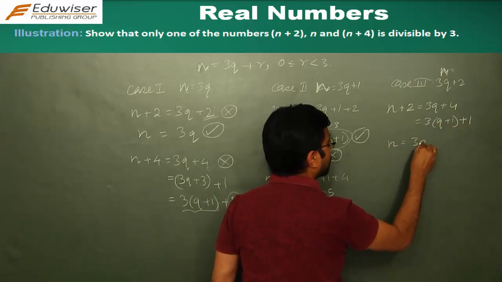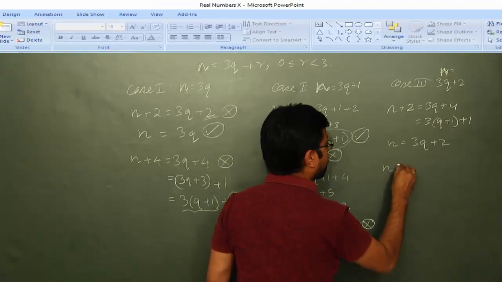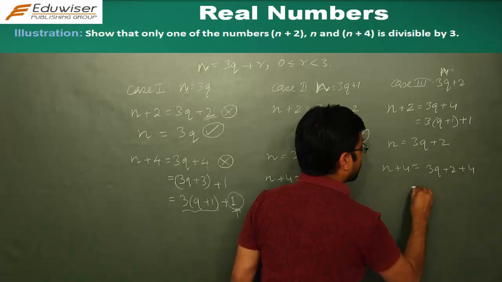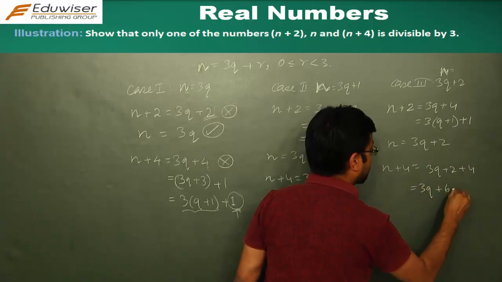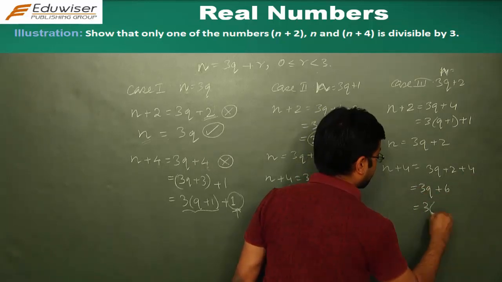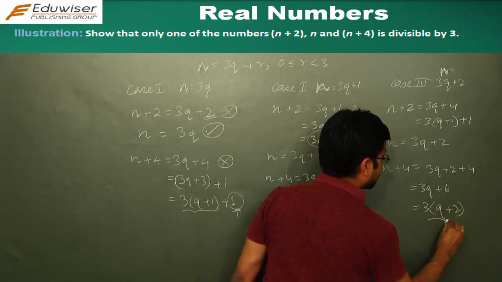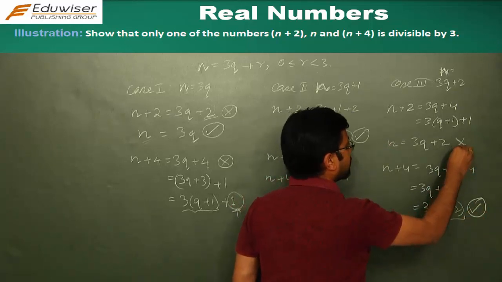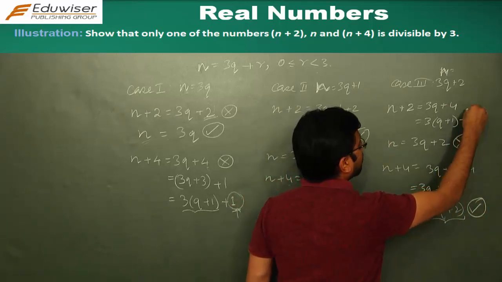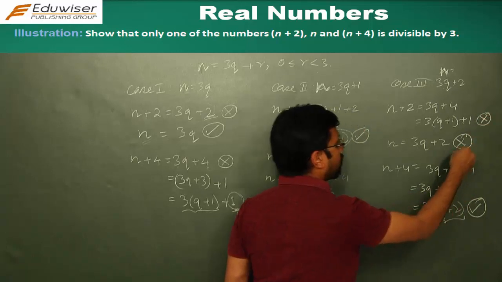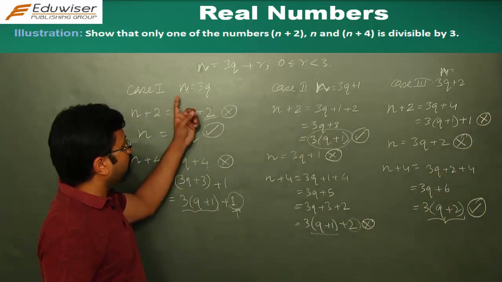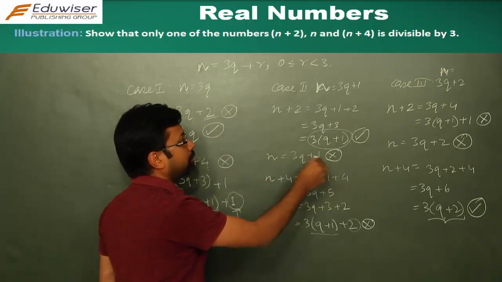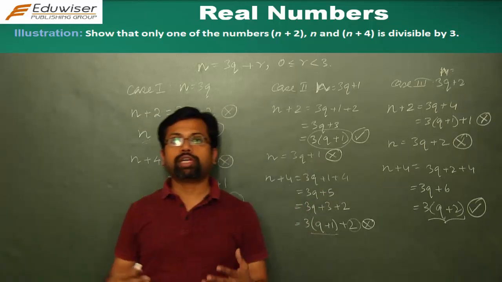N will be 3q plus 2, and n plus 4 will be 3q plus 2 plus 4, that is 3q plus 6, which is equal to 3 times q plus 2, which is divisible by 3. So this becomes divisible by 3, whereas n and n plus 2, these 2 numbers are not divisible by 3. So we see that in all the cases, only one of the 3 given numbers is going to be divisible by 3, which is what we had to prove.